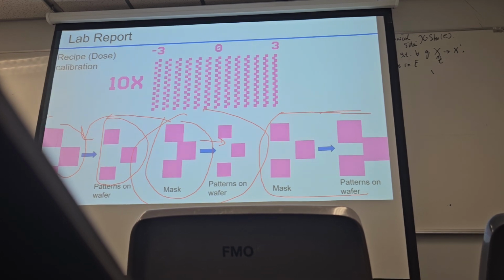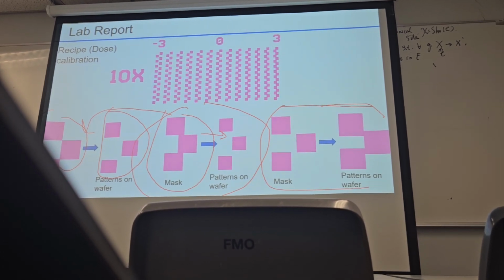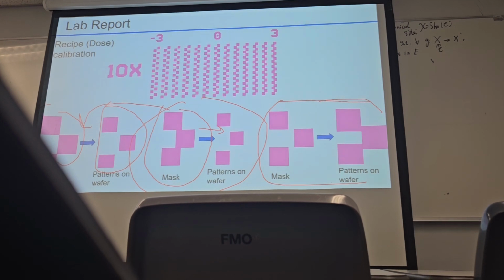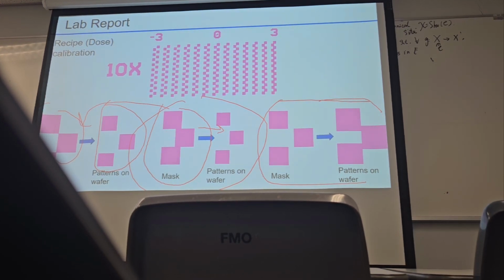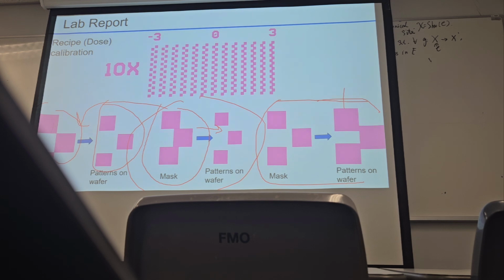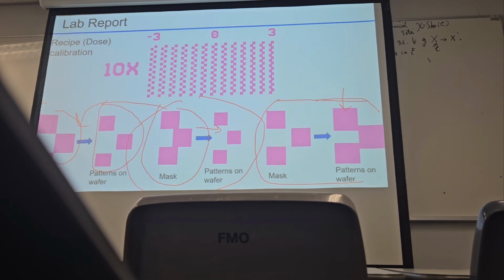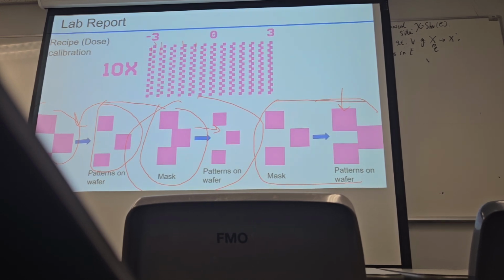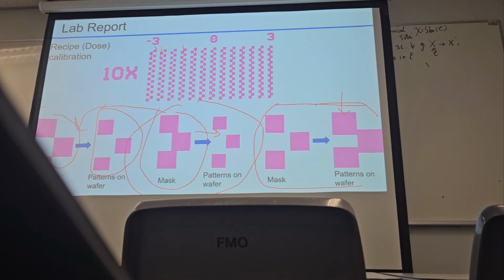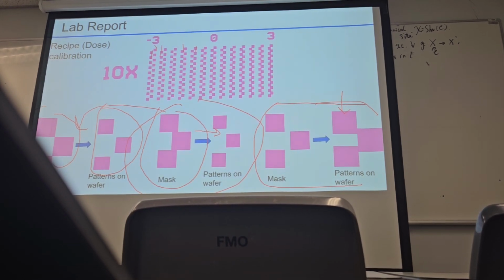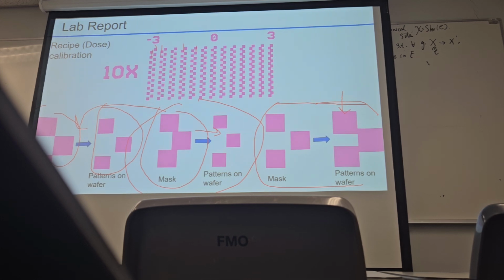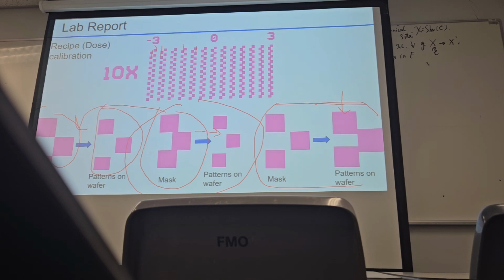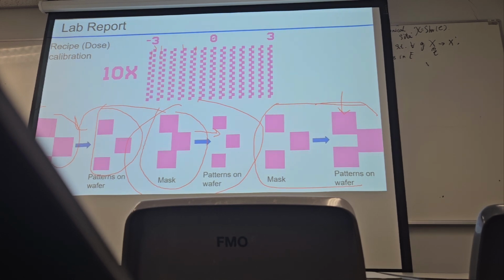Then for case 3, the same bright mask with positive PR, if we get the pattern on the wafer this way, it means the DOS is too small. By tracking different patterns, we can understand how to decrease or increase the DOS to make sure we get 100% transfer of the pattern from the mask to the PR. So this is a function of these patterns.